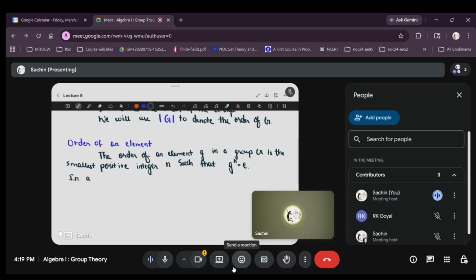In additive notation, this would be written as ng. So here g power n is nothing but g into g into g, n times. Here ng is nothing but g plus g, n times.